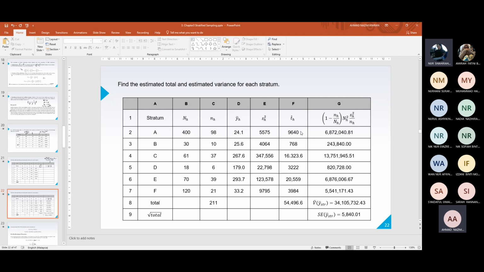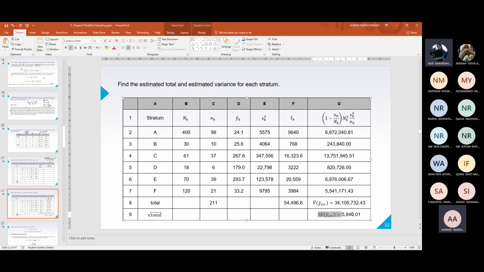So if you make a mistake in the calculation here, you will get the wrong estimated variance of mean, and then you will get the wrong standard error.